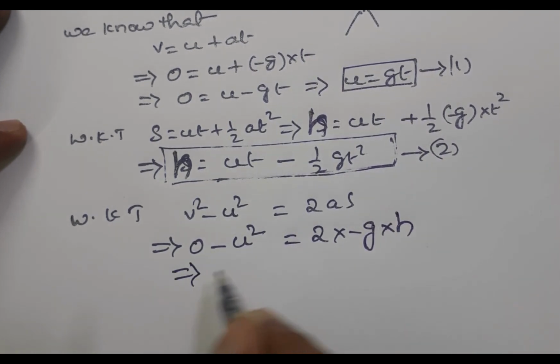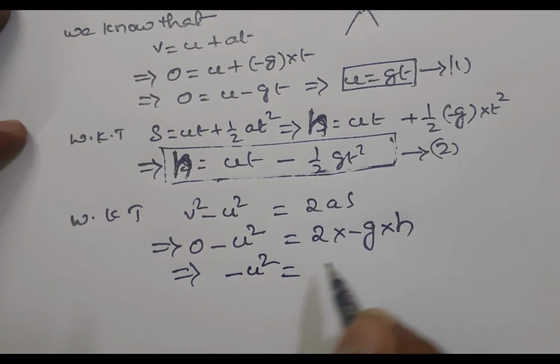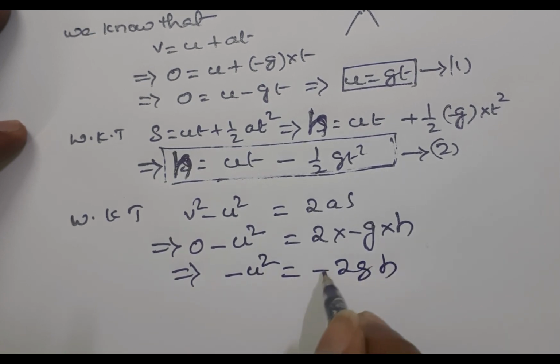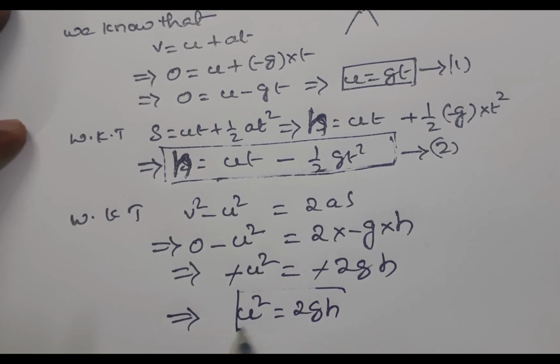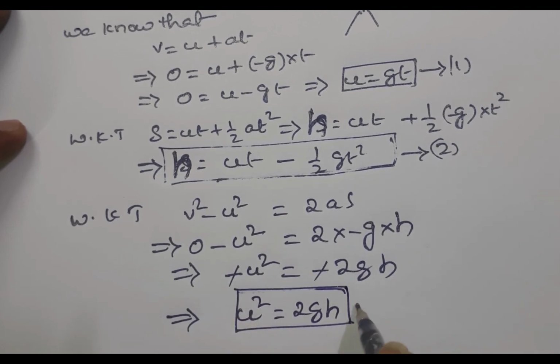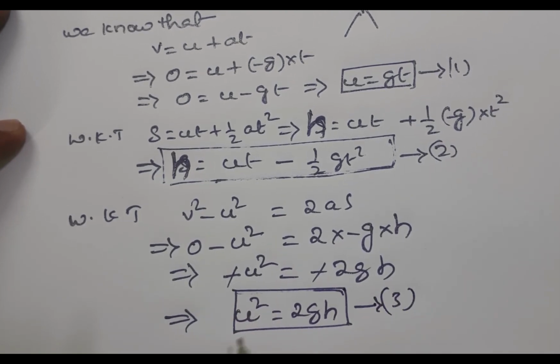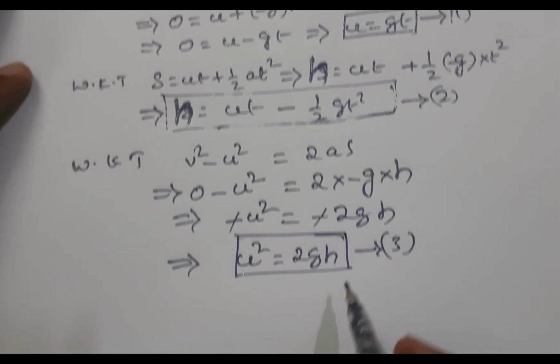So minus u square is equal to minus 2gh. The minus signs will cancel, then u square is equal to 2gh. So this is the third equation of motion. Or you can also write u is equal to square root of 2gh.